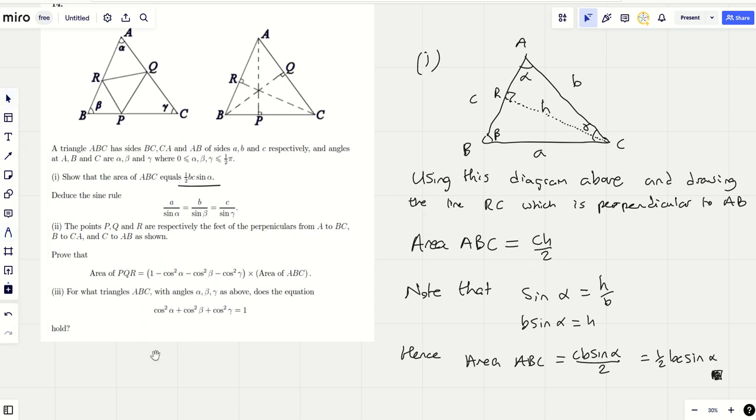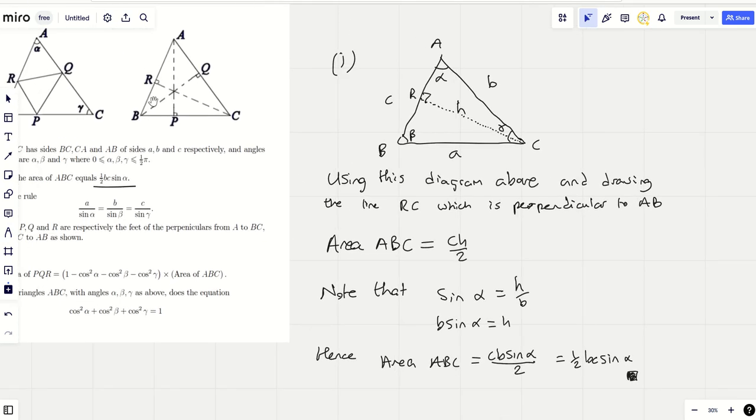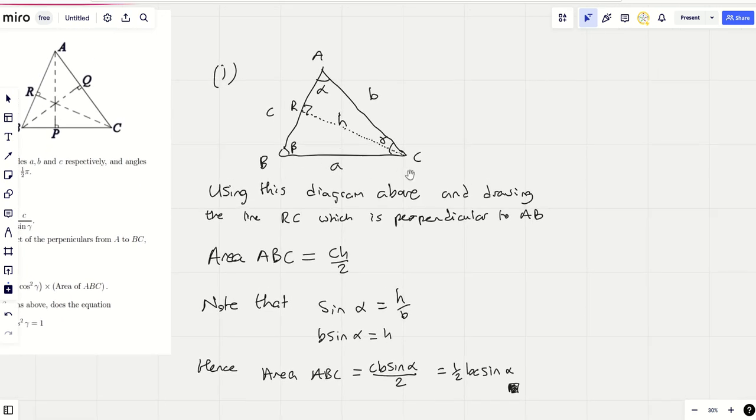Okay, cool. And now they want to deduce the sine rule, yeah? Now, it's perfectly obvious from this diagram. We could have dropped our perpendiculars in other ways, or we could have just relabeled the triangle.